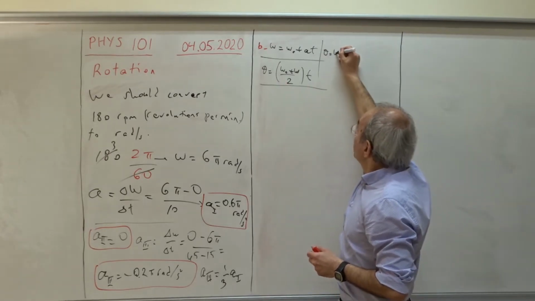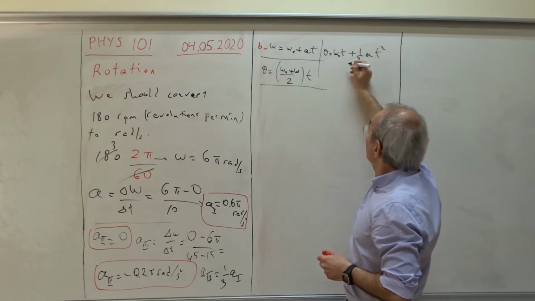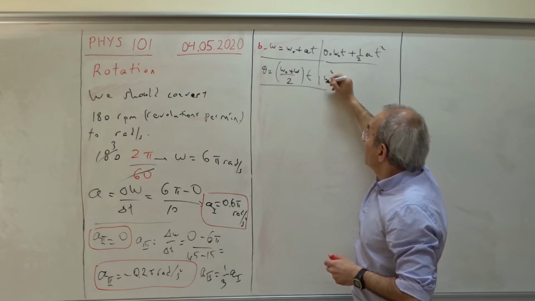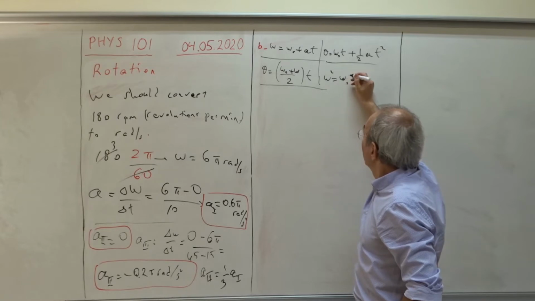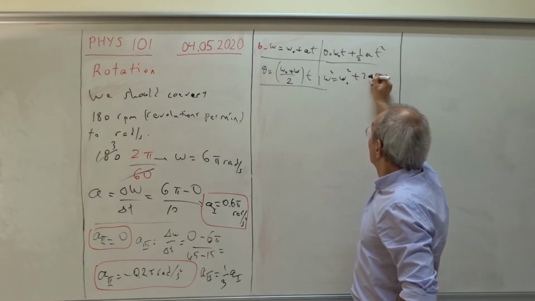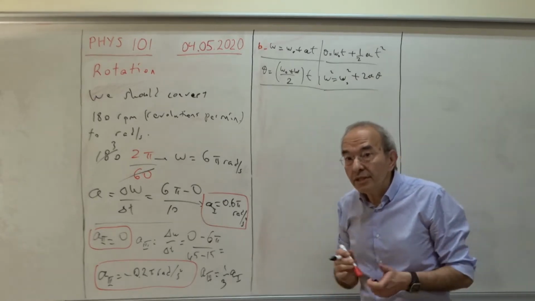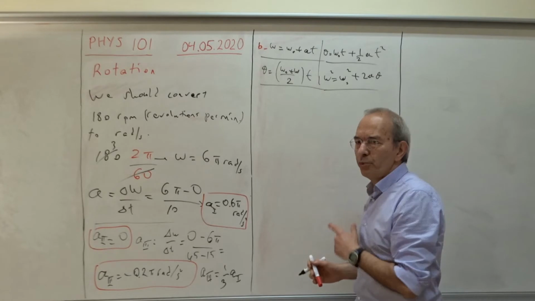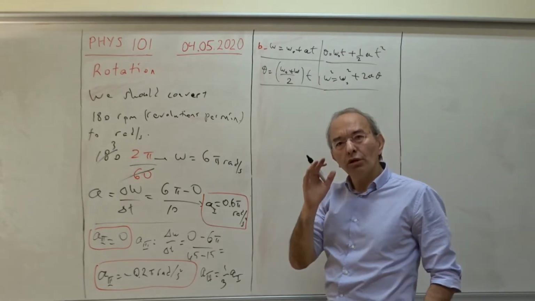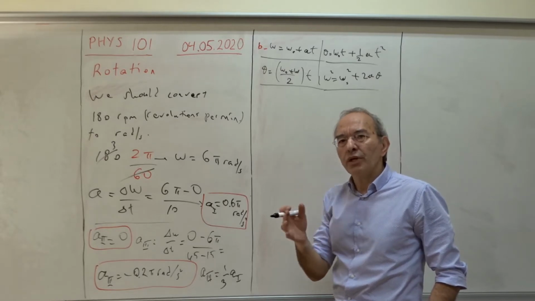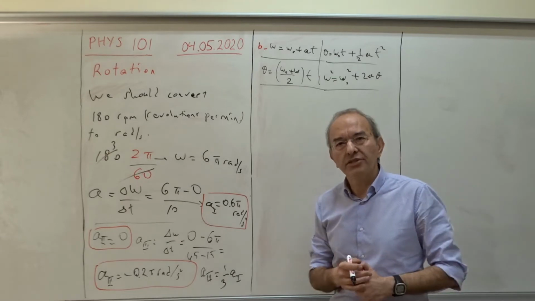Or theta is initial velocity times time plus 1/2 acceleration times t squared, and finally final angular speed squared is initial omega 0 squared plus 2 alpha theta. As you see, in the first one there is no theta dependence, so the first one cannot be used for this purpose. Second, third, fourth can be used. Let's use all of them and see which one is more practical in such cases.